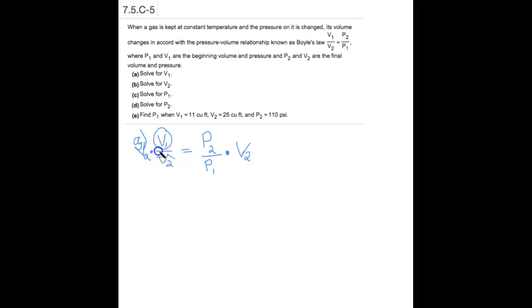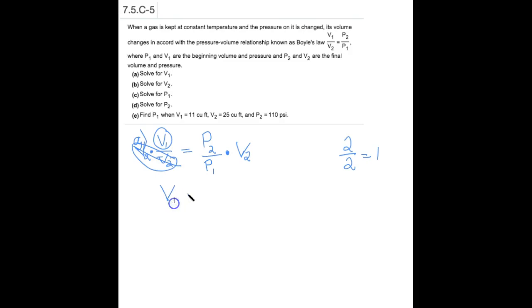And over here, that's going to cancel because we have V sub 2 being multiplied and divided, so it's really the same thing over itself, which is 1. It's just like if we take a number and put it over itself, that's really just 1. That's why that concept gives us cancellation there.